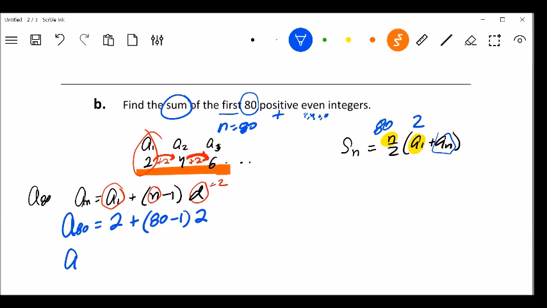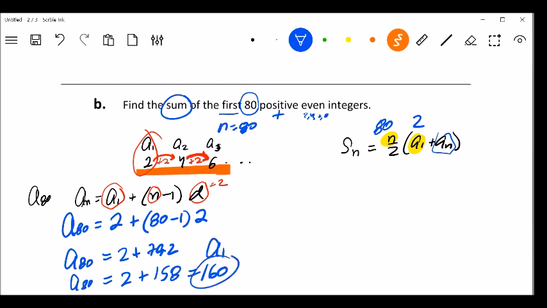So the 80th term is 2 plus 79 times 2. So the amount of the 80th term is 2 plus 158, plus 2 is equal to 160.